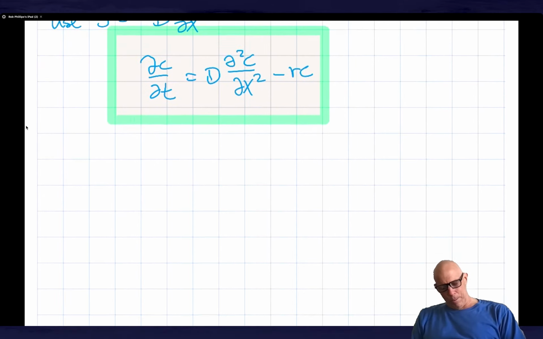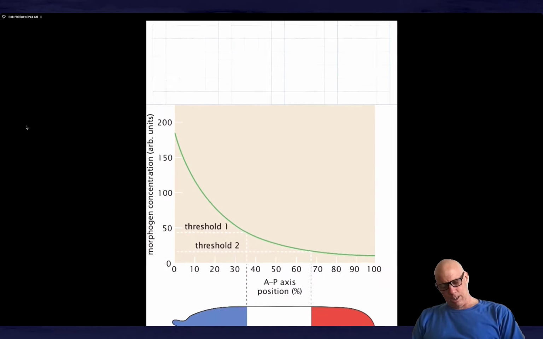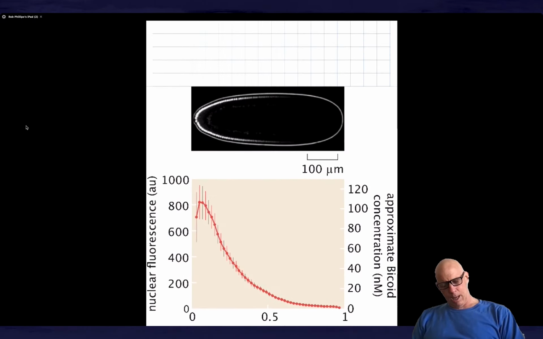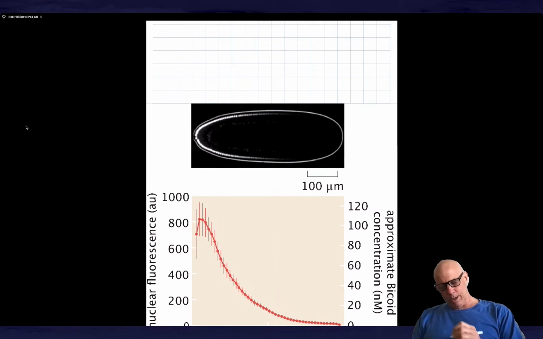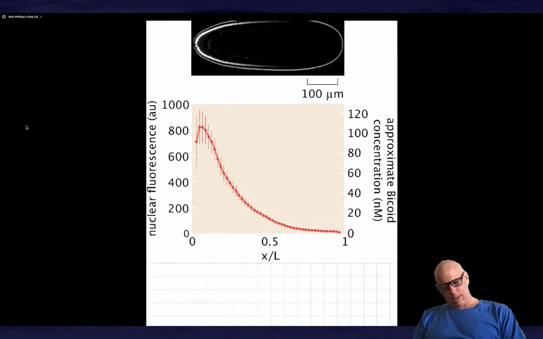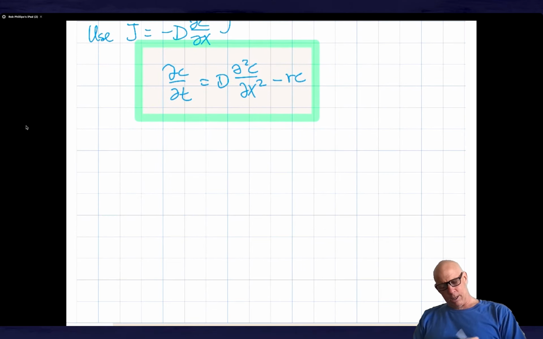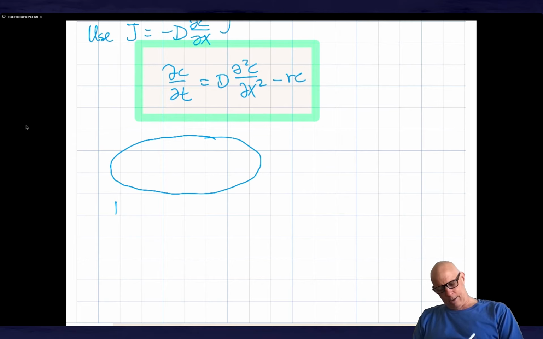So now to go back to the actual Bicoid gradient story, what I'm going to do is I'm going to say that I will think about using this equation for the case where I have some embryo and this thing runs from 0 to L. I idealize it as a one-dimensional embryo.